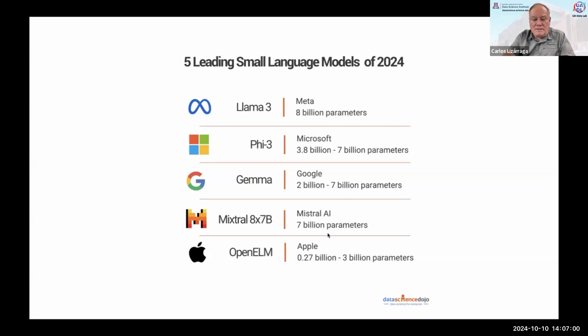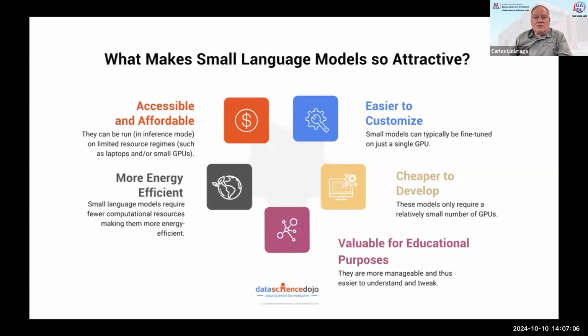And so they are easier to handle. What also makes these small language models attractive is that they are accessible and affordable. They have more efficiency in energy consumption. They're easy to customize, cheaper to develop, and you can also use them for different educational purposes.